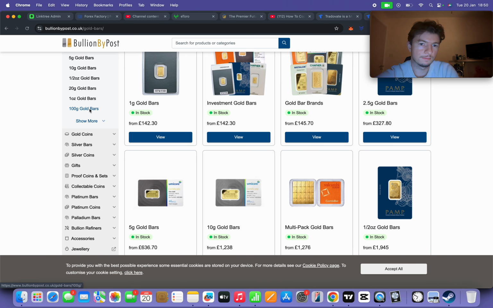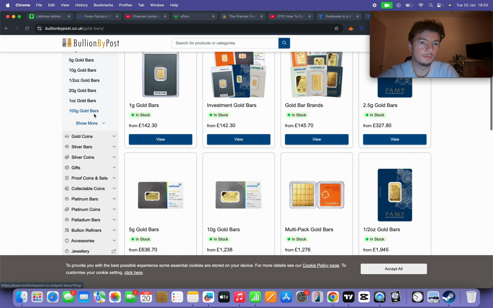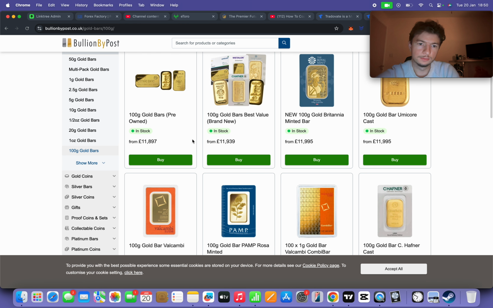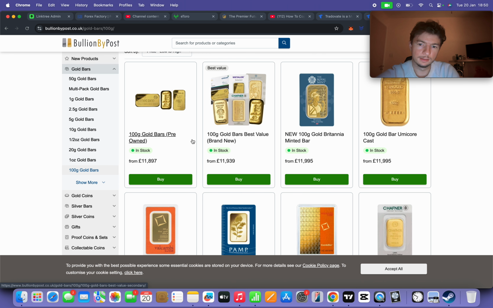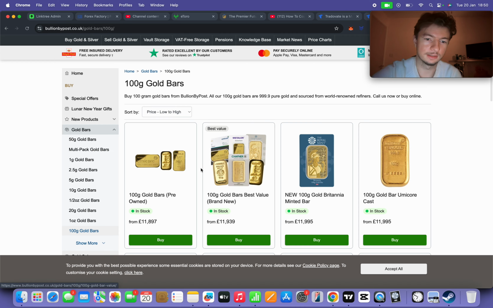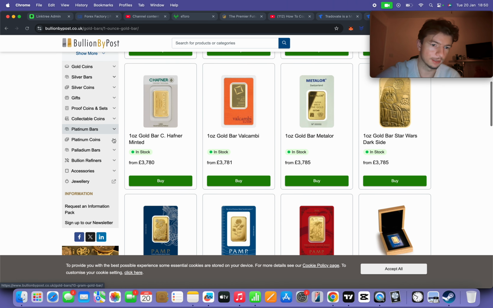Granted, they're a little bit more than the spot price, due to the returns these guys make. They're selling you gold, they do all the services, so they're going to charge higher than spot price. The bigger you buy, the lower the premium over spot is.